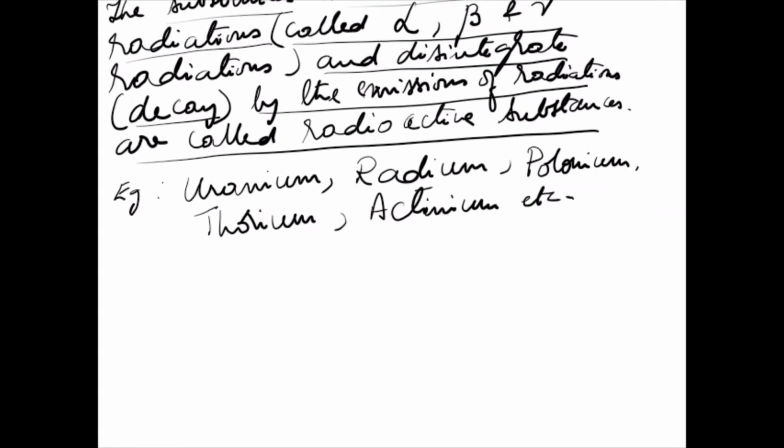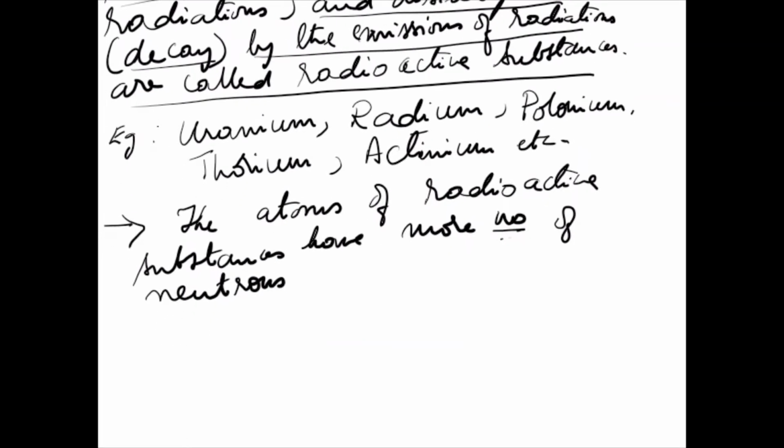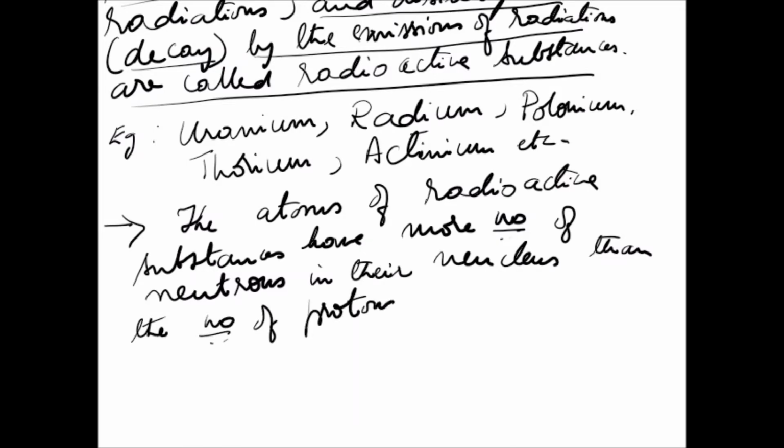So, that means the atoms of radioactive substances have more number of neutrons in their nucleus than the number of protons.